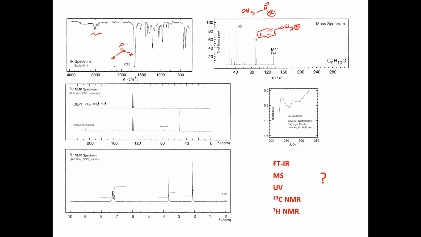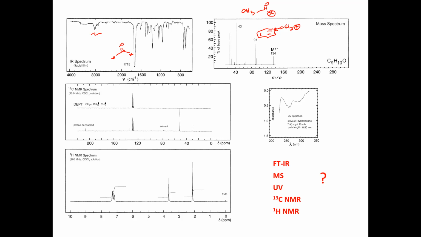So apart from the carbonyl, which is of course the other quaternary, this one must be one of those carbons in the aromatic group where the substituents are linked. Okay? So basically this carbon.